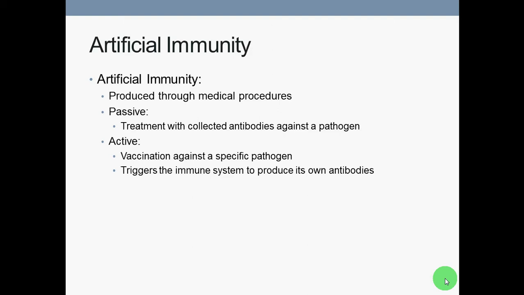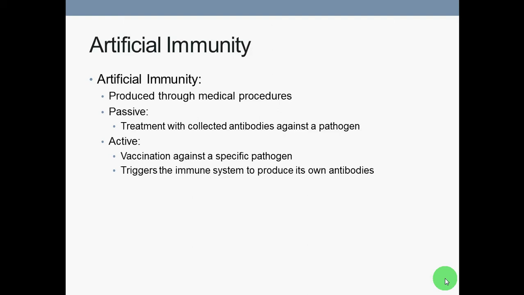An active form of artificial immunity is vaccination against a specific pathogen. The reason why this is active is because we're actively trying to prevent the infection. It's also active because it's triggering your own immune system to do the work. Treatment with collected antibodies is passive because your immune system isn't doing the work.